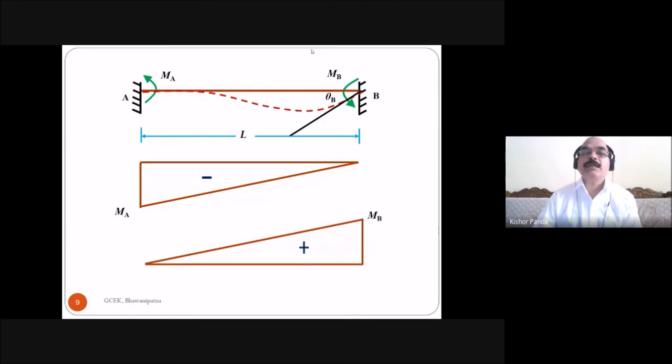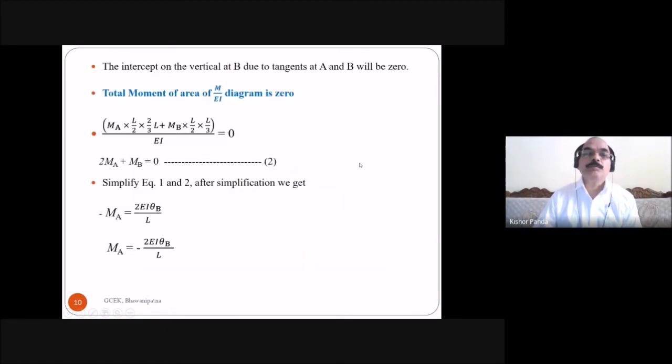But here both the tangents are passing through point B, so there is no intercept. So the intercept is equal to 0. So you have to take the moment of area of the M by I diagram between A and B about B, which is equal to 0.